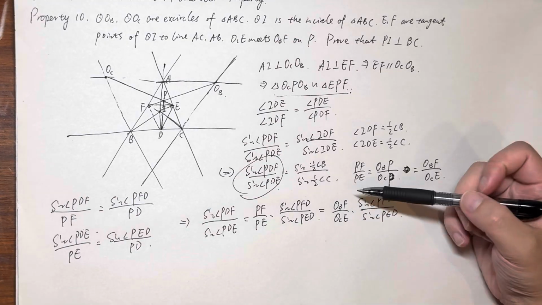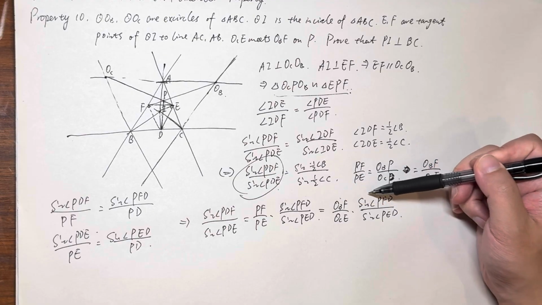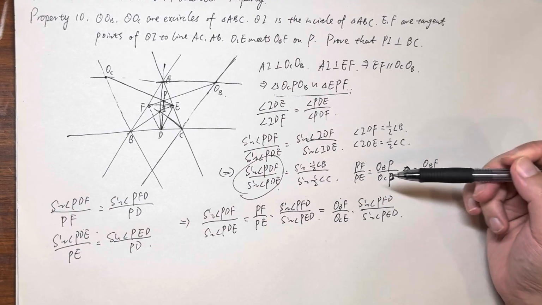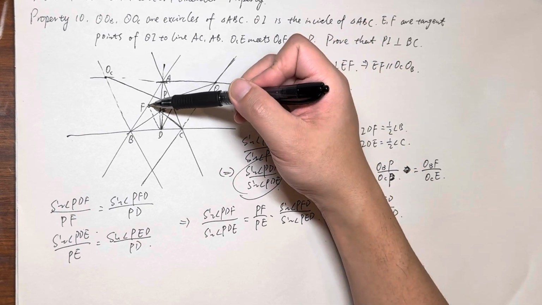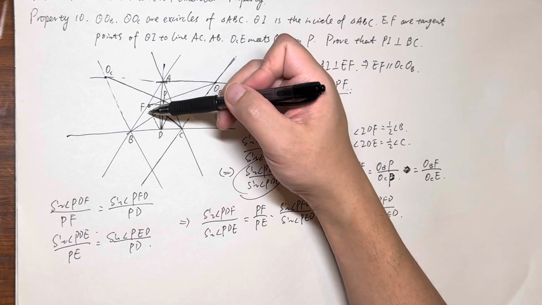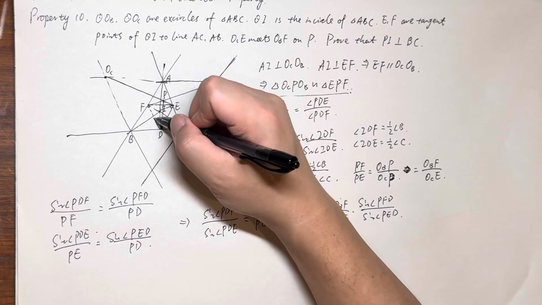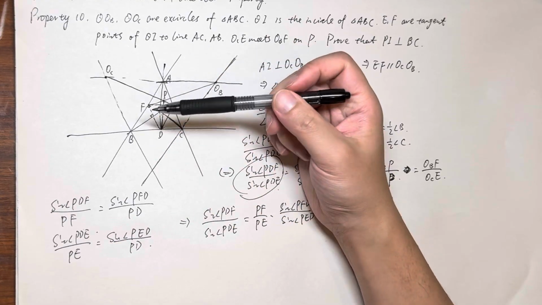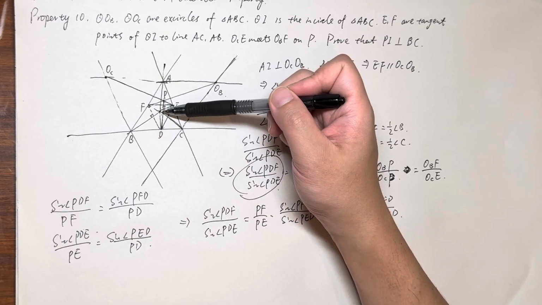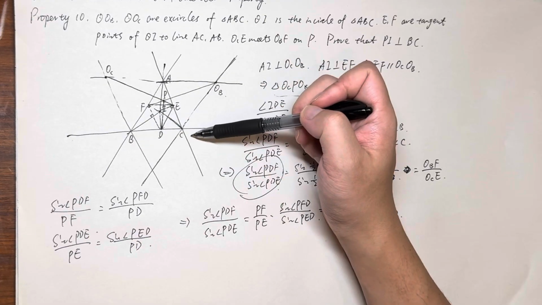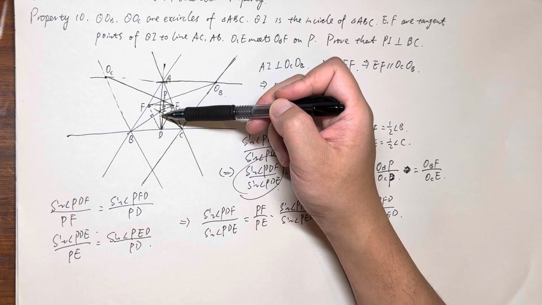So what is O_BF to O_CE times this one? Let's just check O_BF times sine angle PFD. Sine angle PFD is sine angle O_BFD. And we know that FD is perpendicular to IB, right? Because BF equals to BD, and BI is the angle bisector of angle B. So we know that FD is perpendicular to IB.